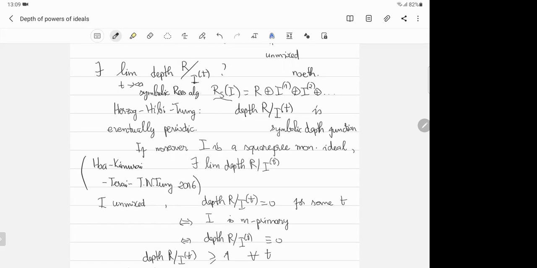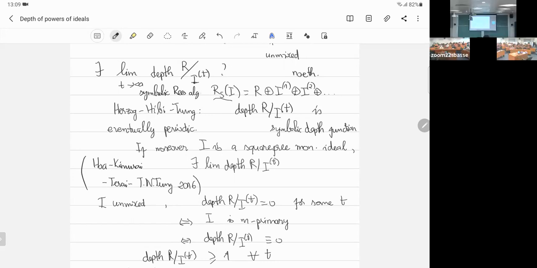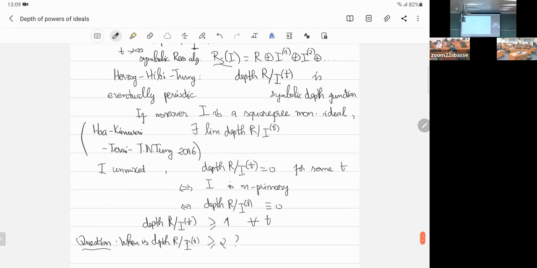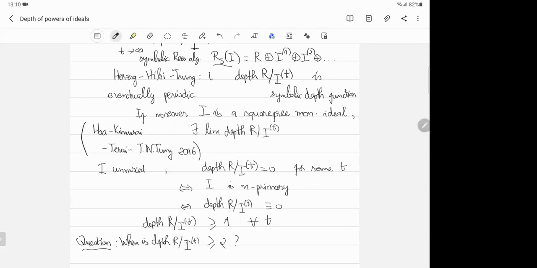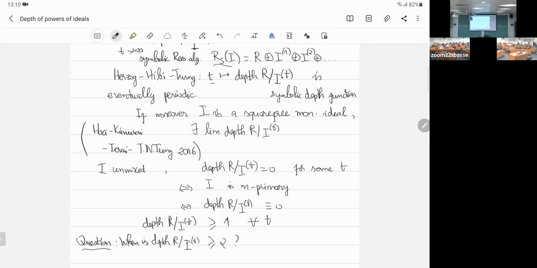The definition of the symbolic depth function is simply this function, the function mapping t to the depth of R modulo I to the t-th symbolic power.